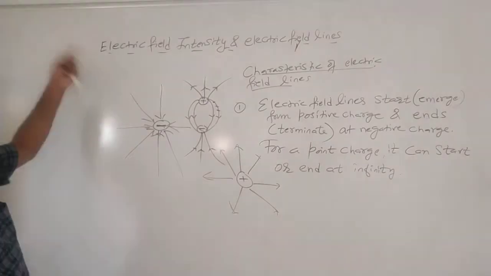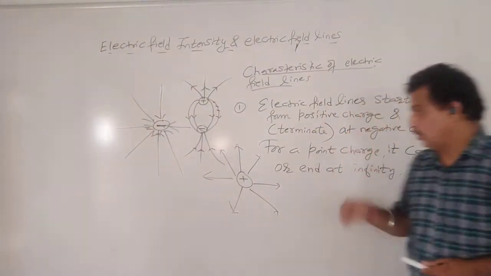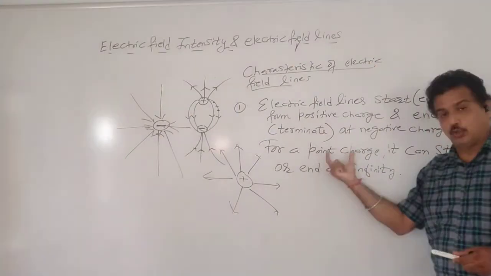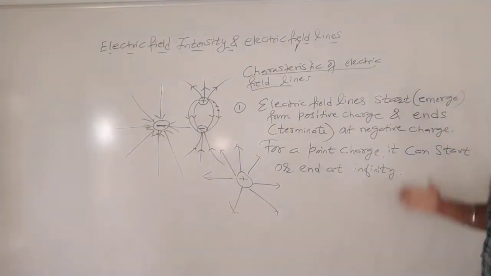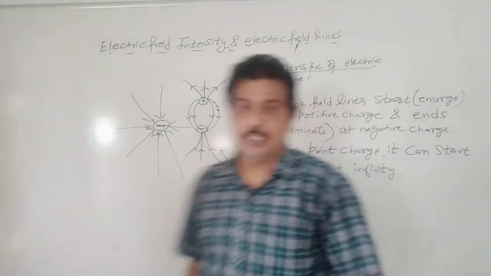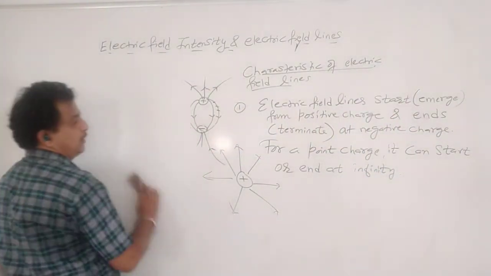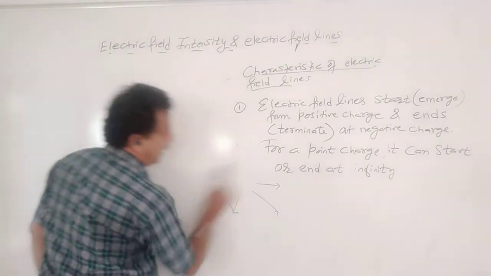But from where it has started? So it started from infinity. So if you have a single source charge or a point charge, the field lines can start or end at infinity. For a system, it should start from positive and terminate at negative.